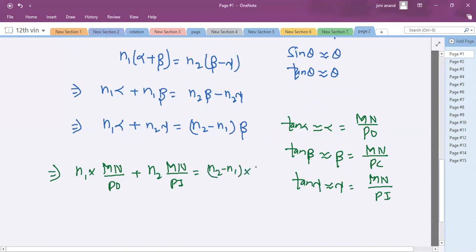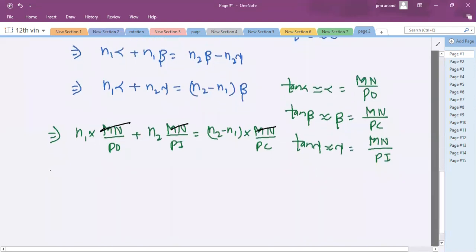Beta is MN divided by PC. So MN cancels out, and we can write here N1 upon PO plus N2 upon PI equals N2 minus N1 upon PC.